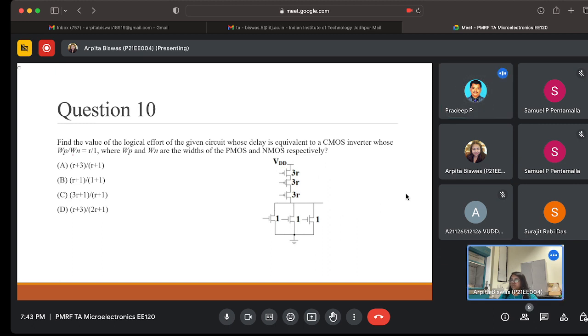So what is the right answer here? Madam, generally for the NOR gate, it is 2n plus 1 by 3, madam. But here I am not finding that answer; for 3 inputs it means 2 into 3 plus 1 by 3. One minute, madam. Give me time. I am checking.